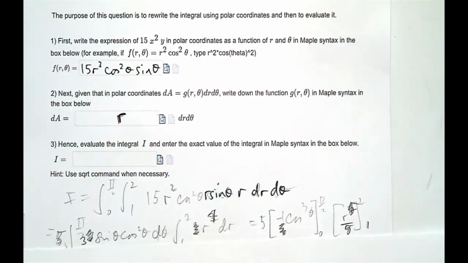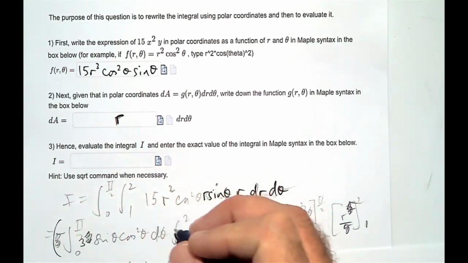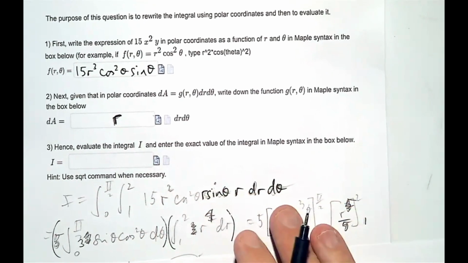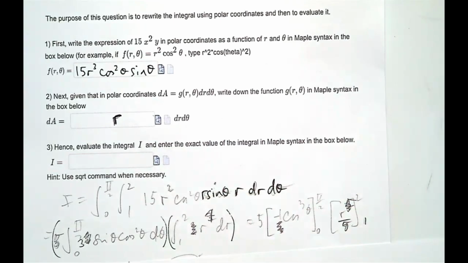So you can do this integral times that integral. You can see I've made a few mistakes there. Basically you're integrating sine times cos squared and you're integrating r to the power 4. You can see I made many, many mistakes.